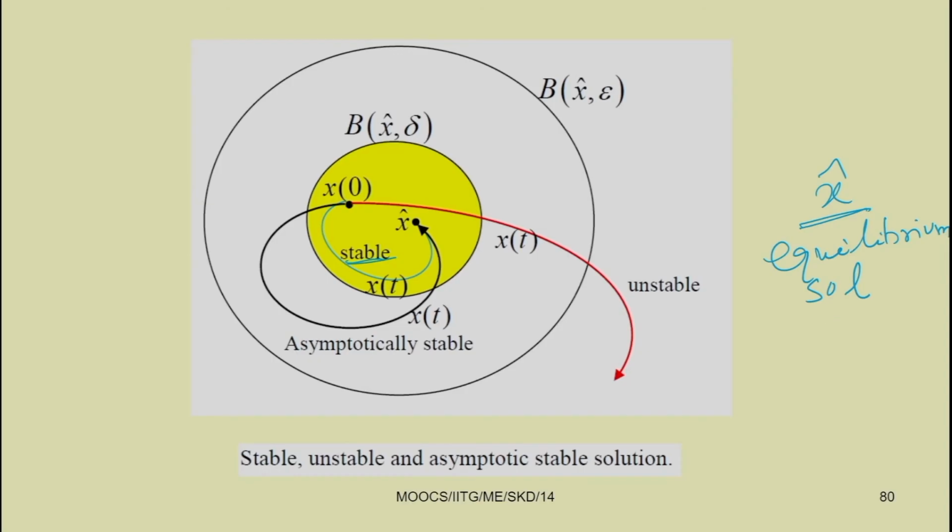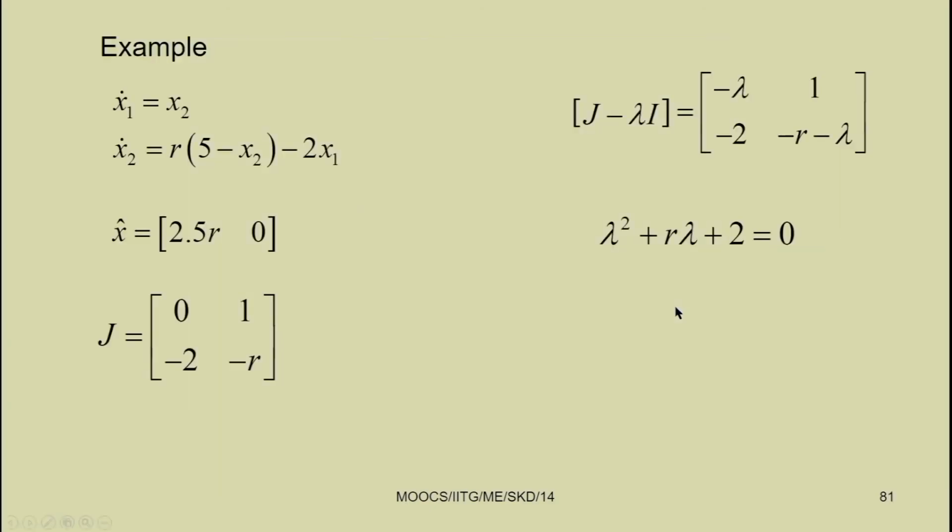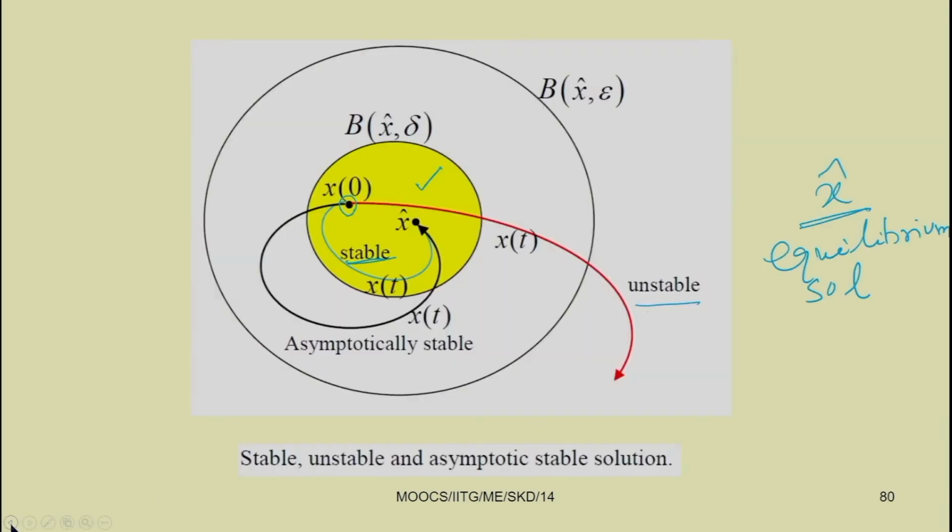For a slight perturbation, if the solution always remains inside a bounded value, then it is stable. But if it grows, like you have seen in the case when k dash is negative, with x 0 as the starting point, then it is known as an unstable solution. The third one is known as asymptotically stable.